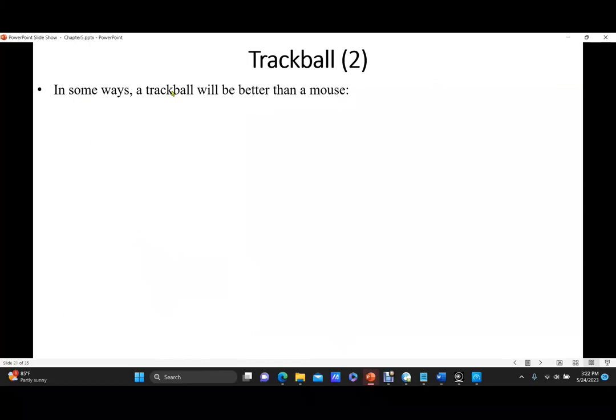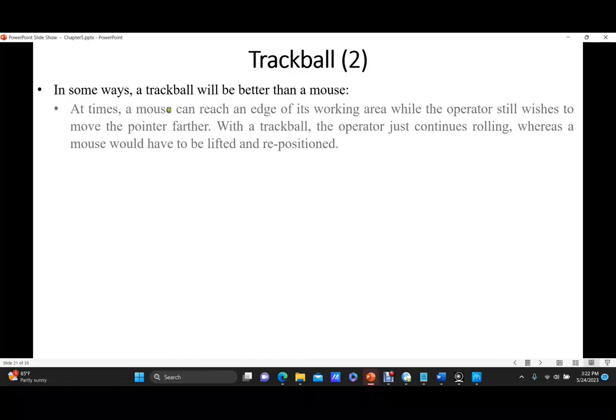A trackball has some important advantages over a mouse. There are times when your mouse reaches the edge of the working area and the user wants to keep moving the pointer further. With a trackball, the operator just keeps rolling the ball. The mouse has to be lifted and repositioned.